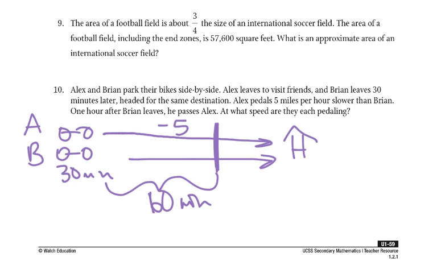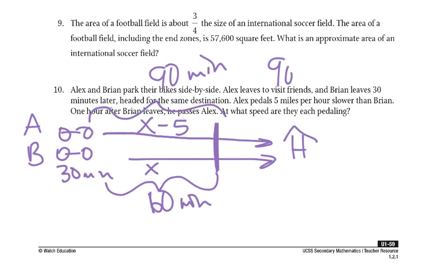Right? So Alex has been traveling for 1 hour and 30 minutes, or 90 minutes. Okay, but he was 5 miles per hour slower. So they traveled the same distance. So let's say Brian was traveling at x speed, so Alex would be x minus 5.